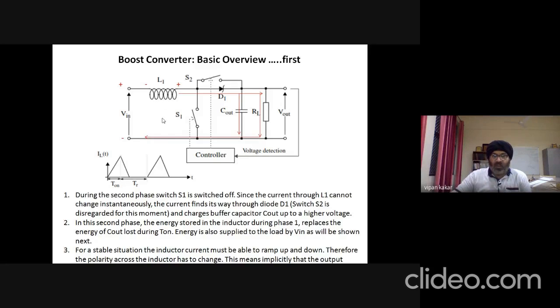So now during phase 2, this second phase, the switch S1 gets opened or switched off, and as soon as this switch is turned off, this inductor reverses its polarity, and now the current starts to flow through this diode, which gets forward biased now.